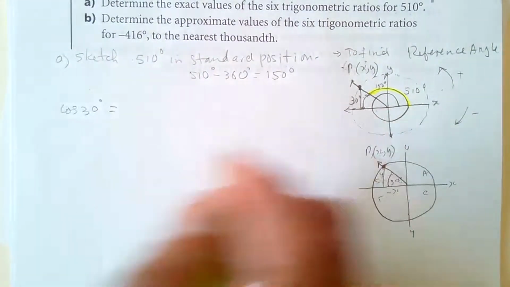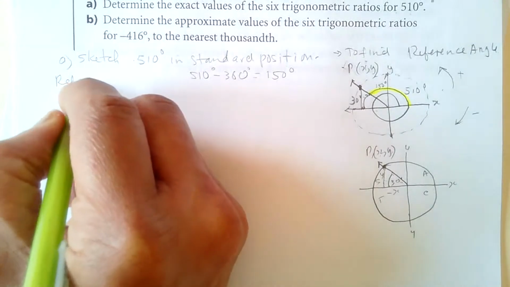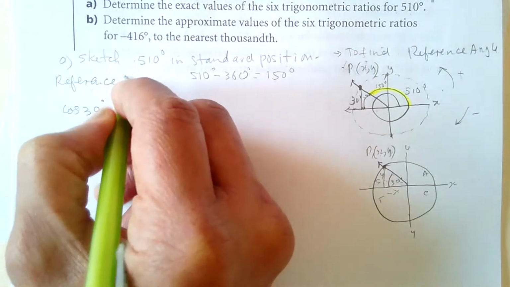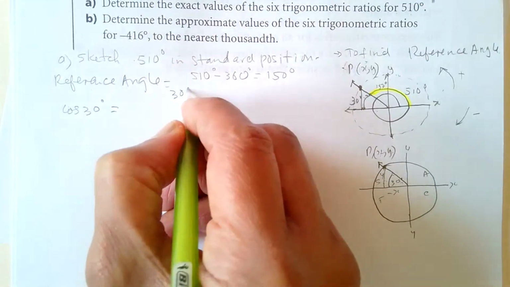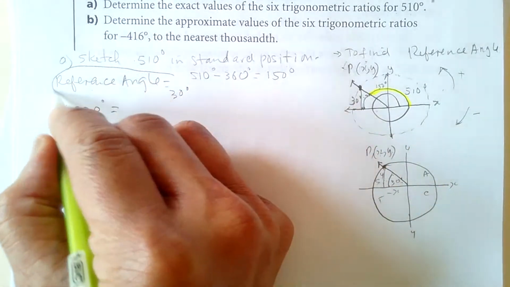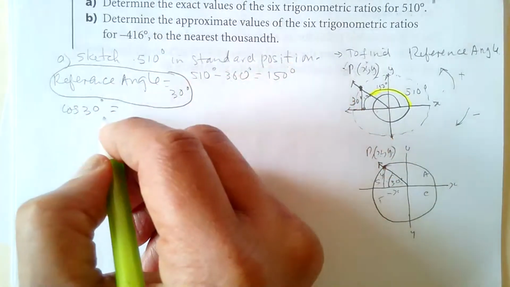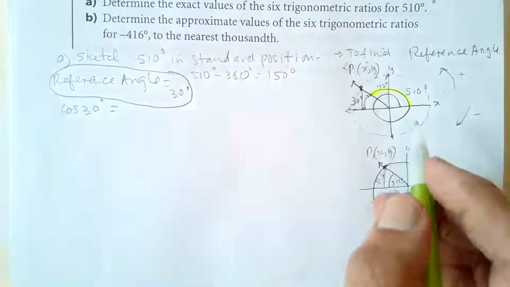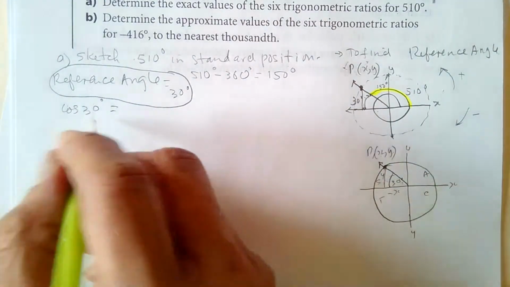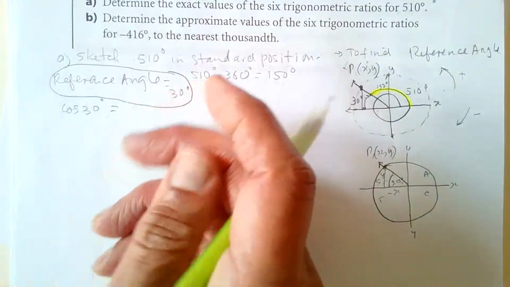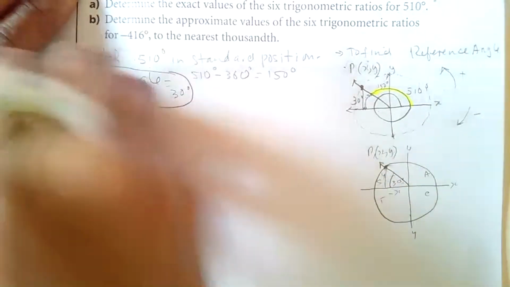This is our reference triangle. So my reference angle is equal to 30 degrees. So cos of 30 degrees, now, mind you, it will be negative, right? Maybe I'll just show you how I got that.